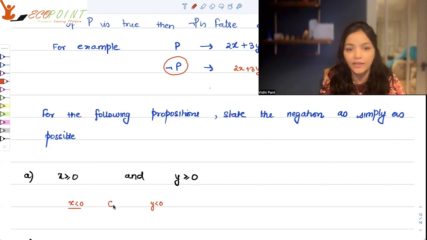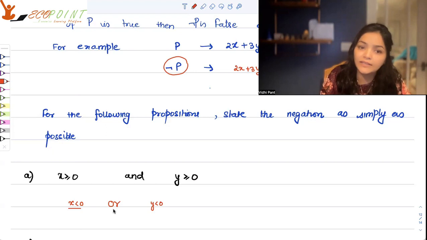So the connective that you will use is or; and will turn into or when you negate. So either x is less than 0 or y is less than 0.